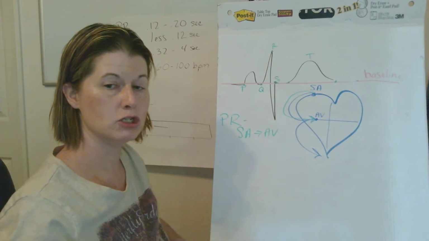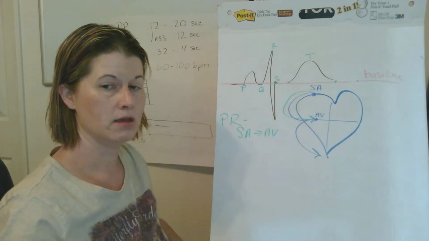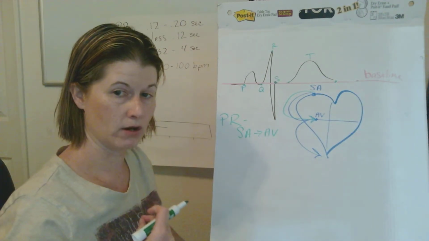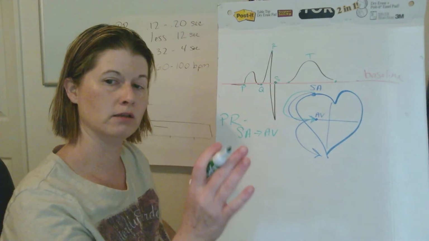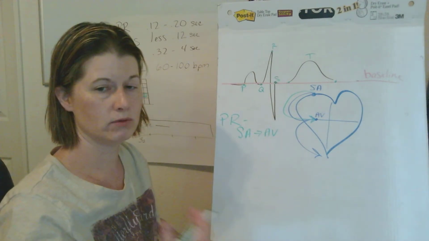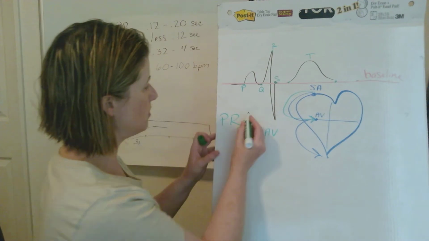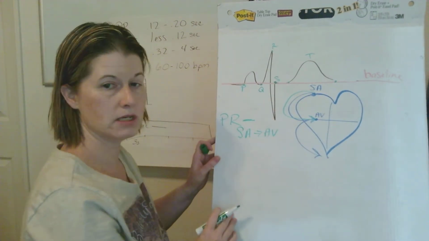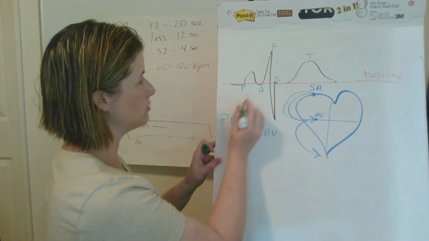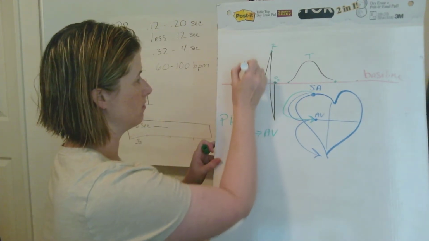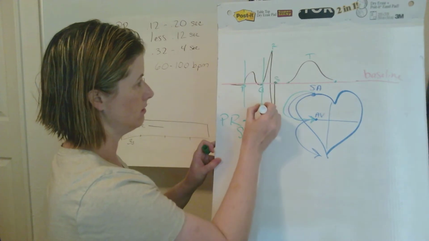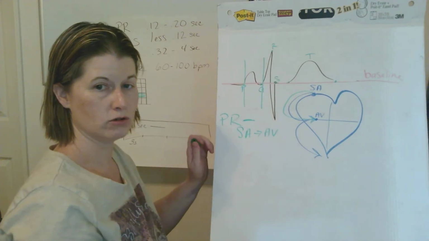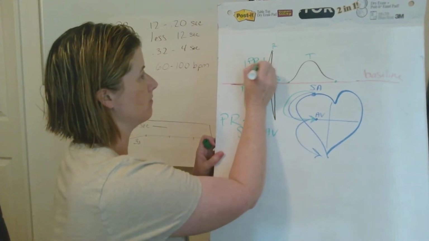Maybe there's some scar tissue, maybe the patient's had an MI, and now they have a dead area, a scar tissue area, and the electricity has to go around it. It would take longer, okay? So the PR is how long it takes for your electricity to get through your atria. Where do we measure that? We measure that here. P to the start of your R, which is your Q. This is PR, okay?